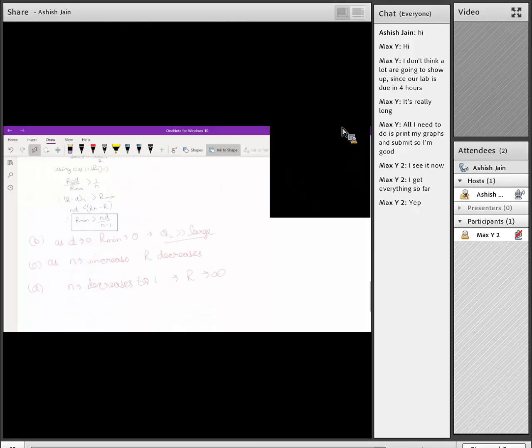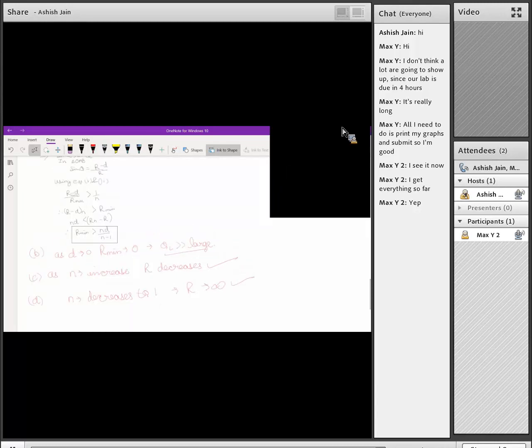Did you get it? As n increases, R decreases, and as n decreases to 1, R goes to infinity. It's just straightforward. I'm just using this equation and answering all the parts.